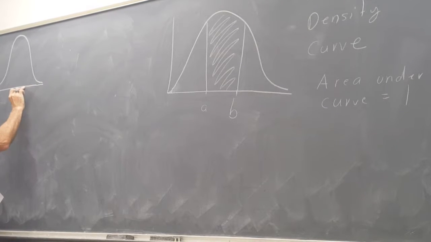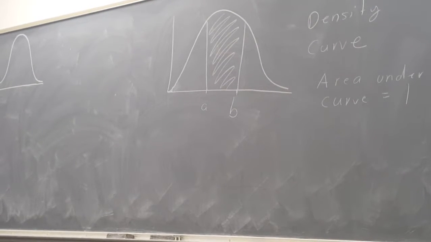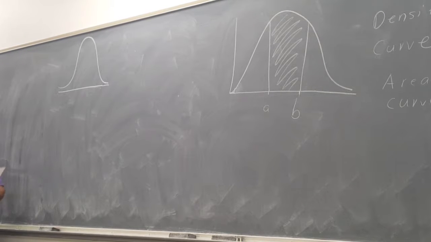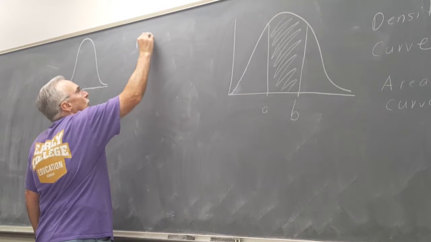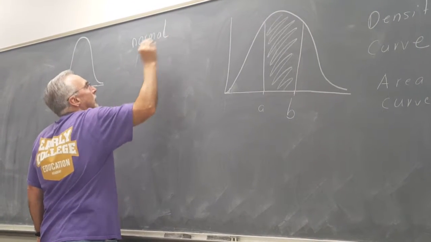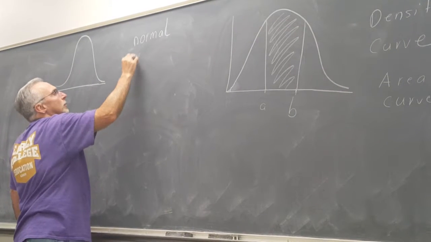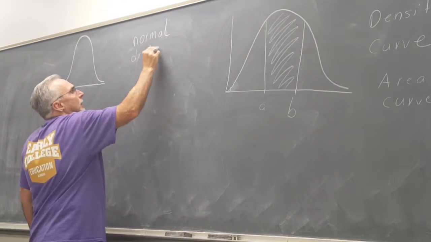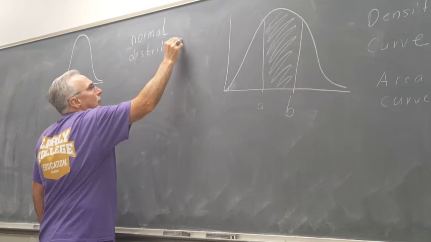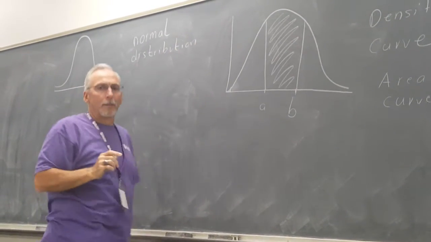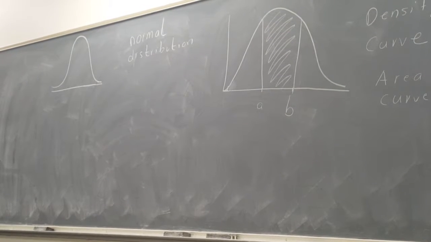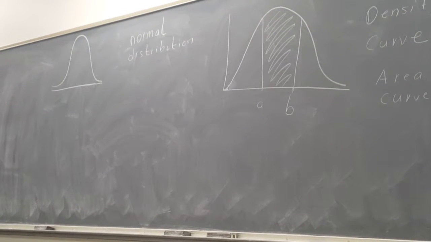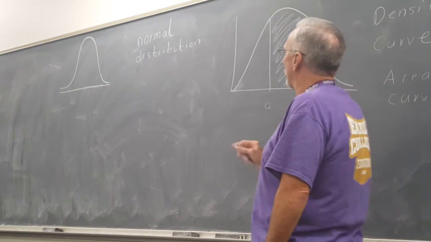So if I have a curve that looks relatively symmetrical, we'll pretend it's symmetrical. Another term for symmetrical that's more math related is normal. So this is called a normal distribution. When your data is symmetrical, it's said to have a normal distribution.